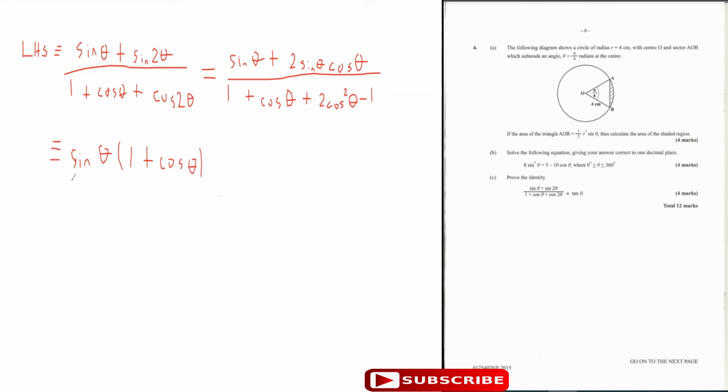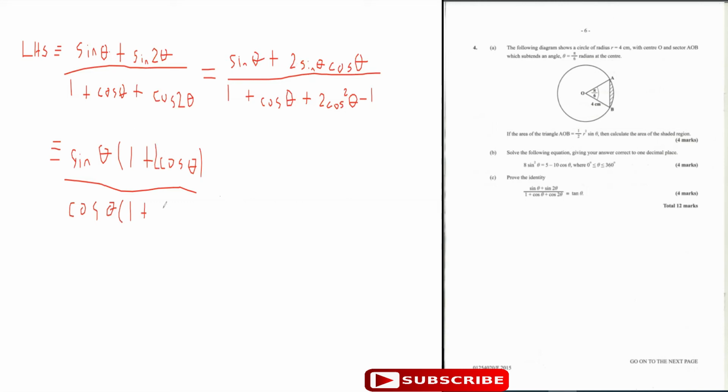Now from the denominator, we're going to factor out cos theta. When we factor out cos theta from cos theta and 2 cos squared theta, we're left with 1 plus 2 cos theta.